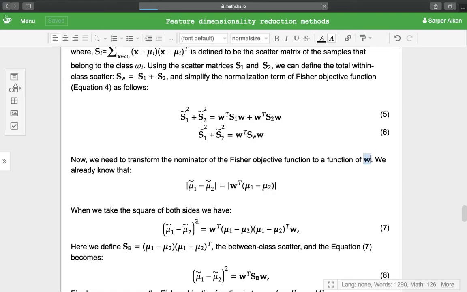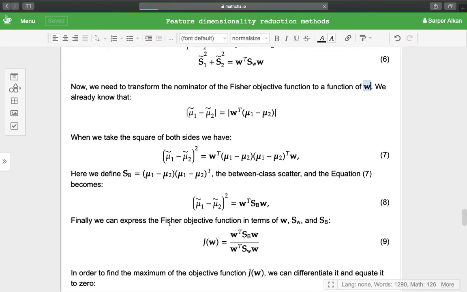When we take the square of both sides, we have W transpose mu1 minus mu2, mu1 minus mu2 transpose W. And here we defined this part of the equation to be SP, and equation 7 becomes W transpose SP times W.